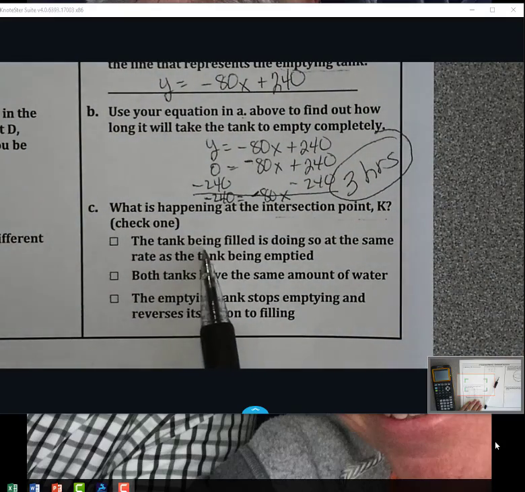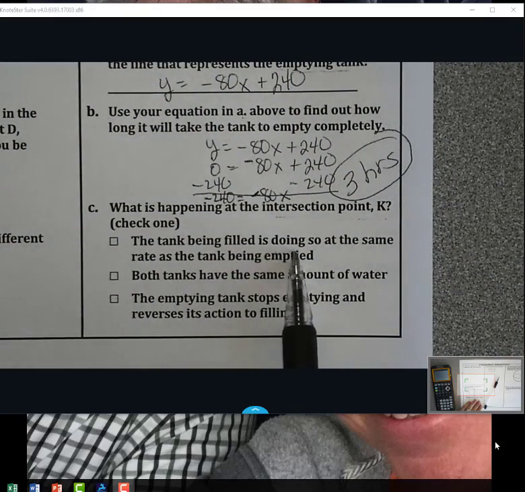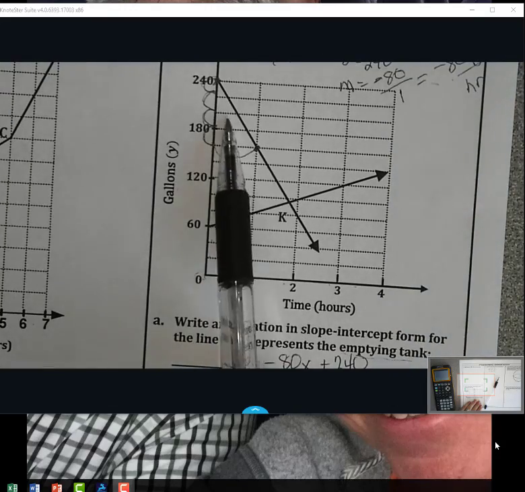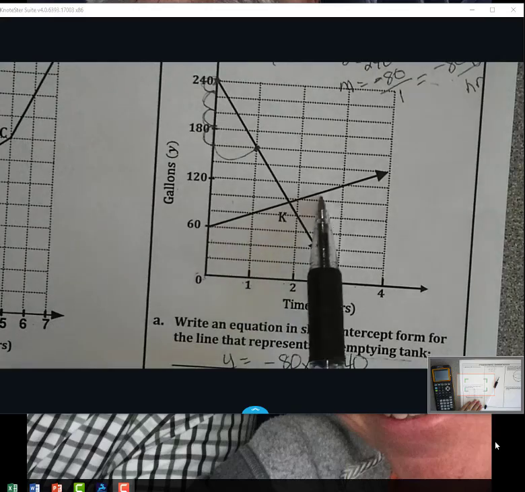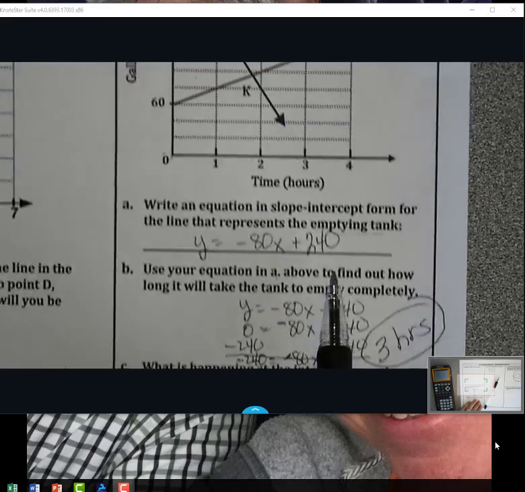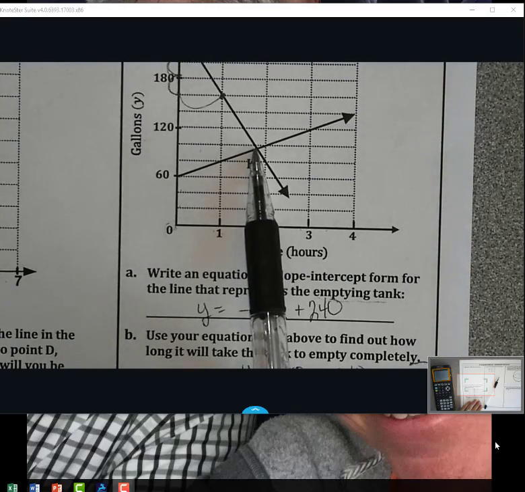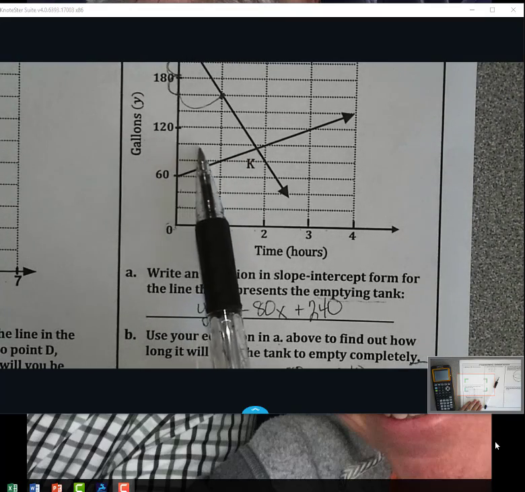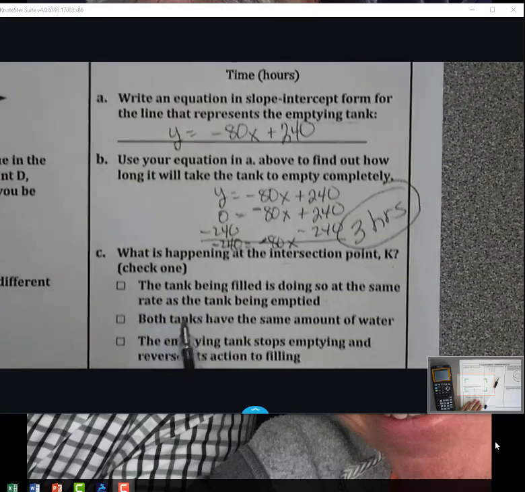Alright, so let's read. The tank being filled is doing so at the same rate. I figured out the rate of change of this, but I did not figure out the rate of change of this, so not that one. Both tanks have the same amount of water. Well, yeah, because where they're meeting is right here, and it would have just below 100 gallons, so yeah, that's true.